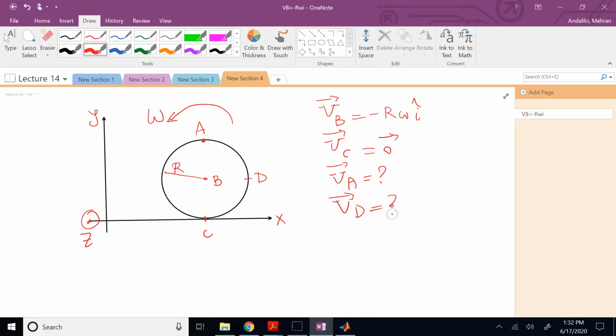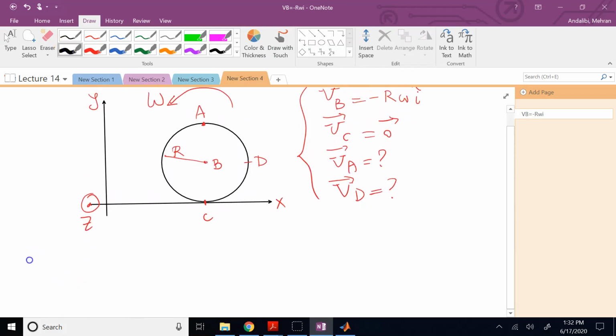So just to practice this formula more, we want to calculate the velocity of 2 more points. Let's start with a. What is v of a? We write this formula that v of a is v of b plus omega cross r of a with respect to b, and v of b is negative r omega i.